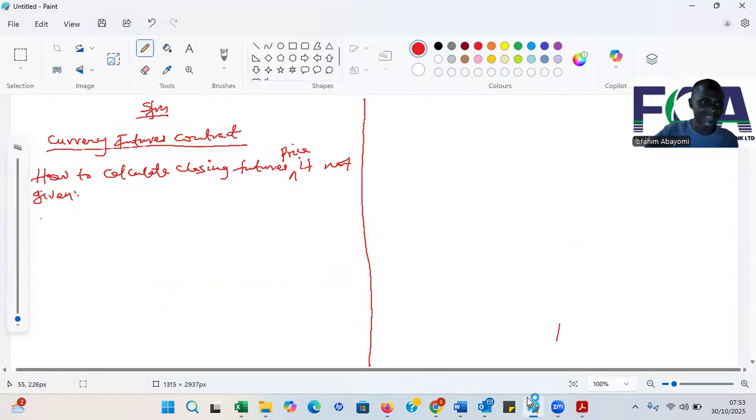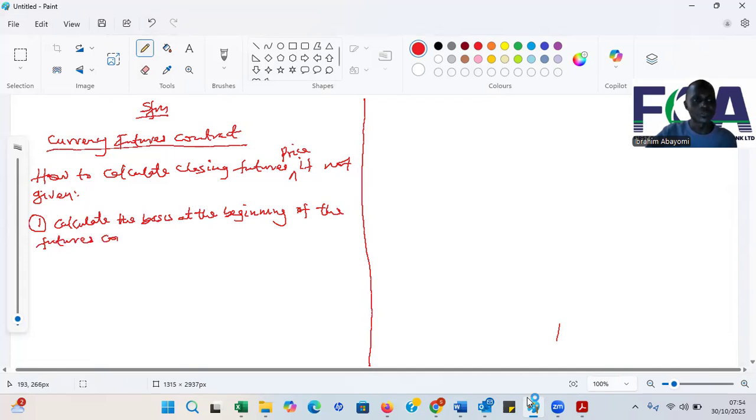So the first thing you need to do is calculate the basis at the beginning of the futures contract.